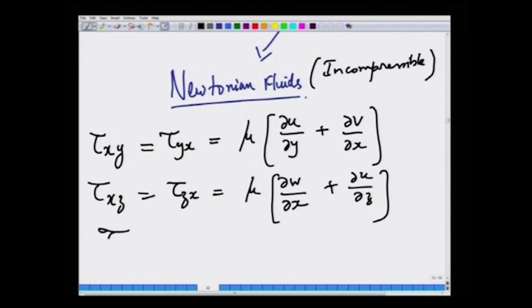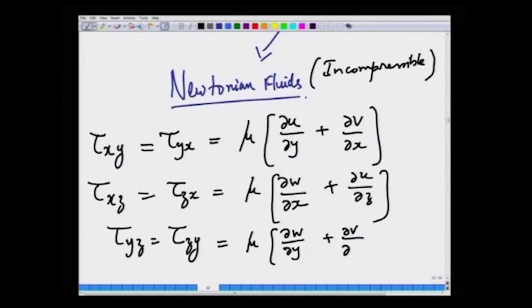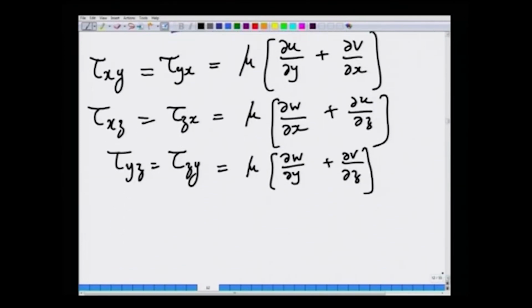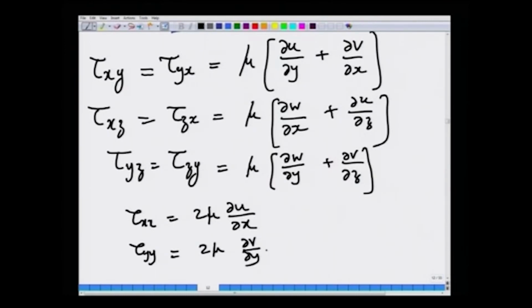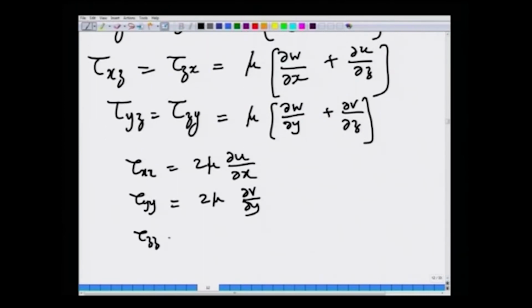Similarly, tau yz is tau zy is mu times partial w partial y plus partial v partial z. But you also have the 3 normal stresses: tau xx is 2 mu partial u partial x, tau yy is 2 mu partial v partial y, and tau zz is 2 mu partial w partial z.